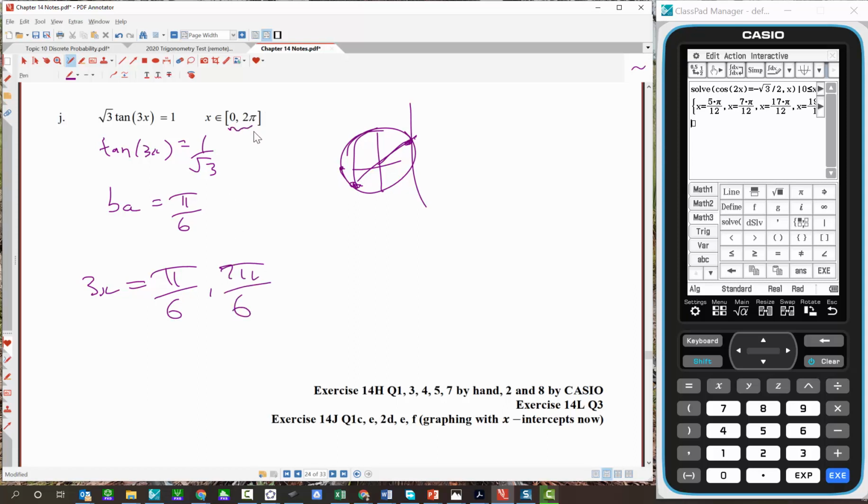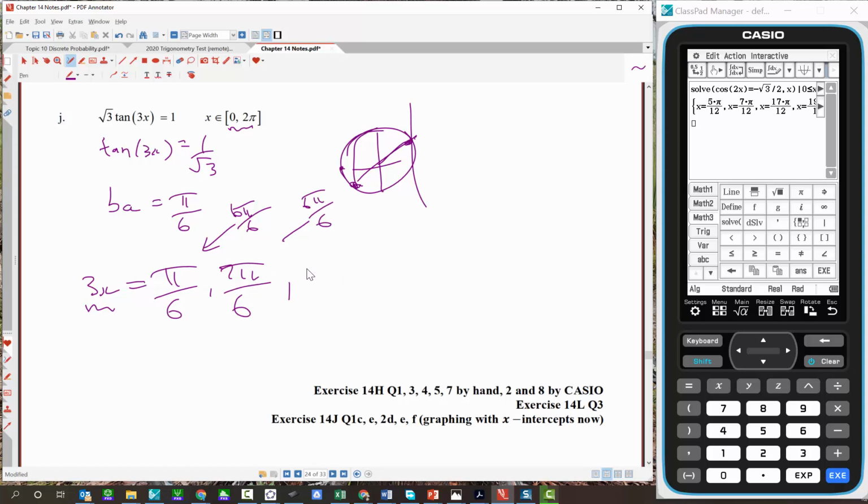Now they're the solutions between 0 and 2 pi, but note that we've got this dilation factor of 3. What that's going to do is generate many more solutions. So what we're going to do is start to add pi, and go round once, twice, 3 times. So we're going to generate 6 solutions here. So pi on 6, and then we're adding pi, which is 6 pi on 6, to this solution, and we're adding 6 pi on 6 to this solution as well.